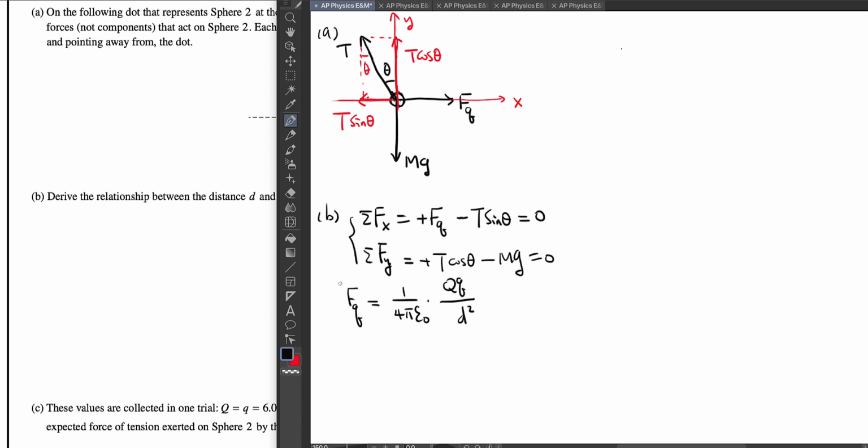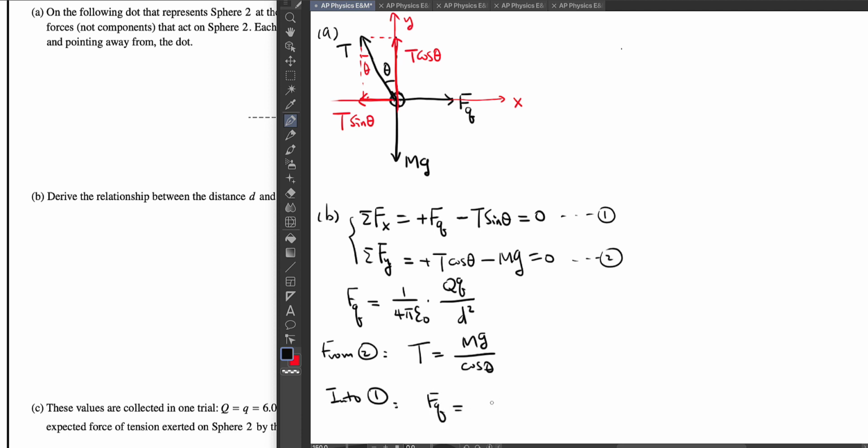So we need to solve for this one, Fq. And to do that, let me label this equation. Let me use equation 2 first. So from equation 2, I can solve for T, which is mg over cosine theta. Now substitute into equation 1.